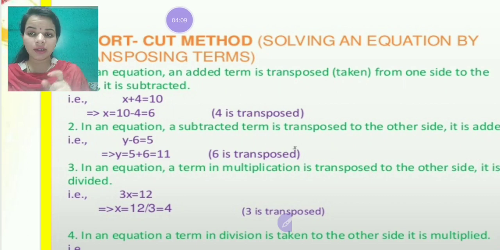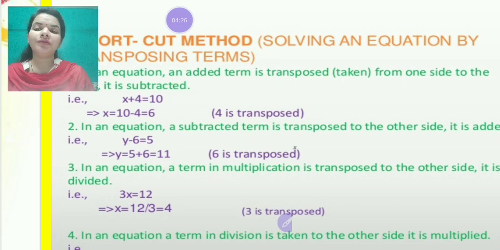Here with y you have minus 6. So what you will do, you will take this minus 6 to the other side, it will become plus 6. So you will get 5 plus 6 on the right hand side, that will give you 11. Here you have transposed 6.